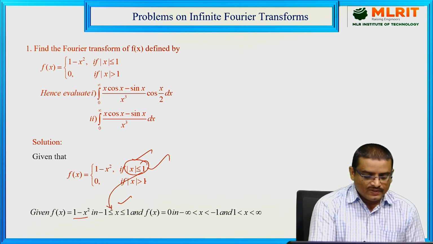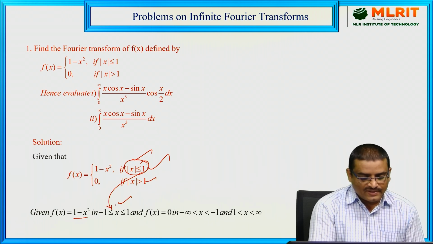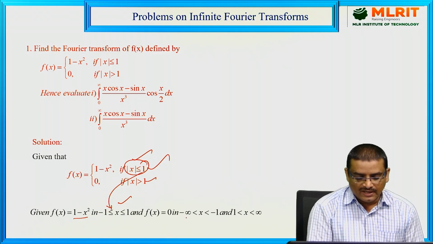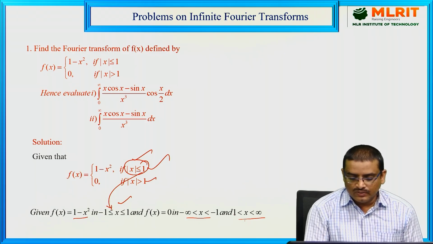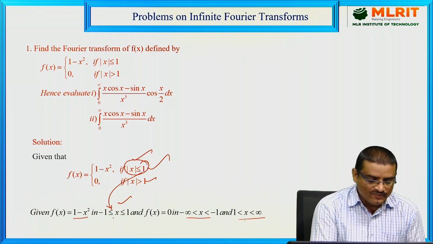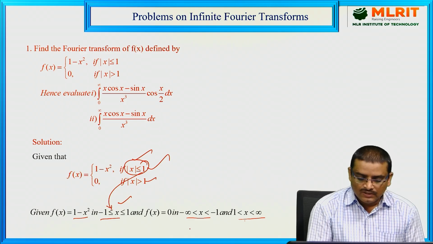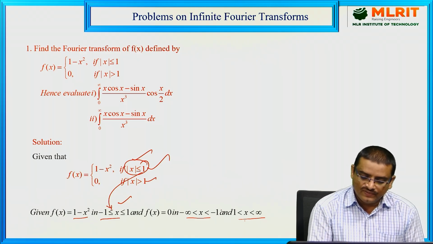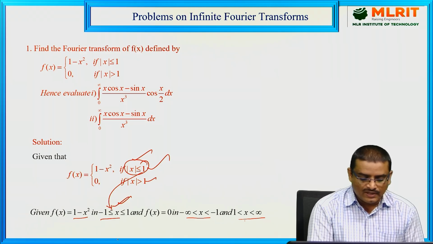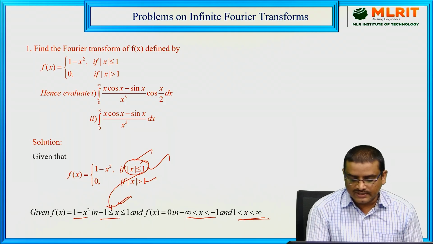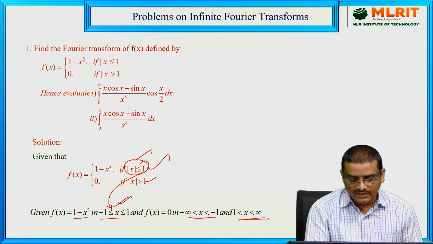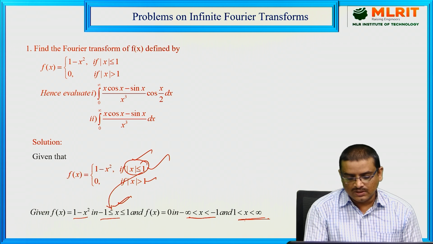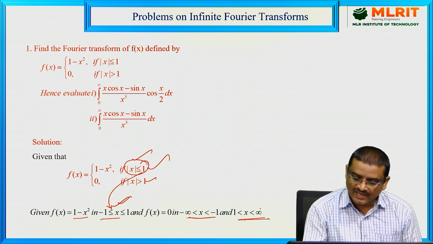Similarly, the second condition, f of x is equal to 0 for mod x greater than 1, represents two conditions here. One is minus infinity to minus 1 and the other is 1 to infinity, because we have already defined the function from minus 1 to 1. So the entire range minus infinity to infinity is completed, and we have the remaining two conditions: minus infinity less than x less than minus 1, and 1 less than x less than infinity.